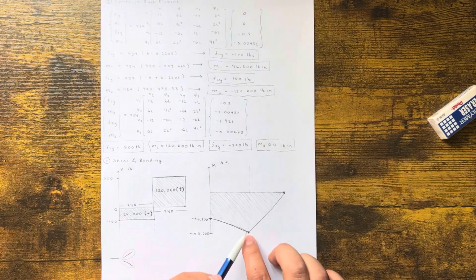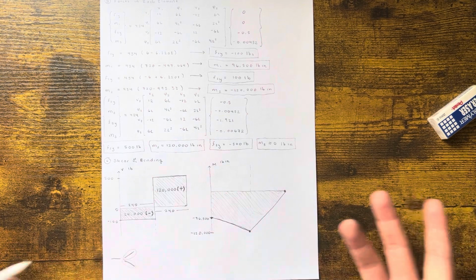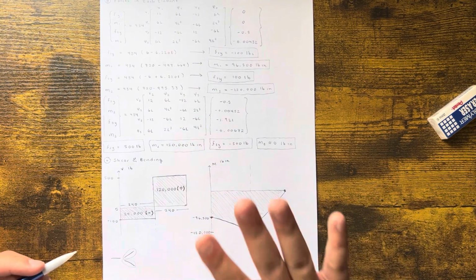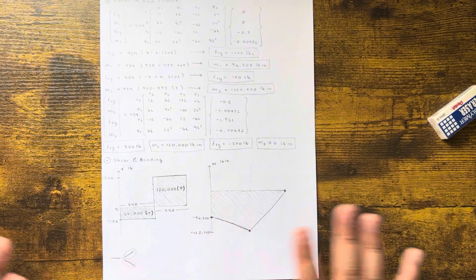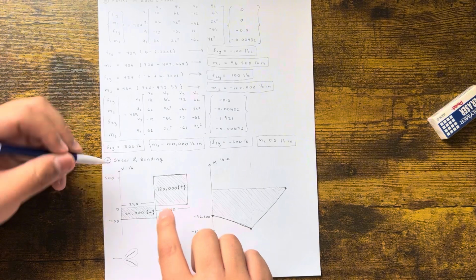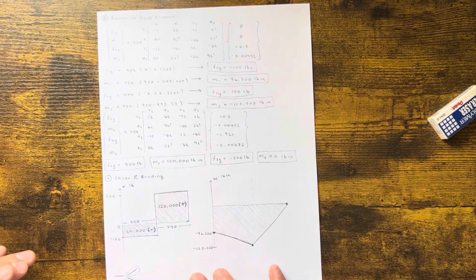It's telling you, hey, look, the max moment that you're ever going to have on this beam is right at the center, and it's 120,000 negative. Okay, in this case, negative or positive doesn't really matter. Sometimes, I'm not sure what your application is, but for the most part, it shouldn't really matter. In this case, 500 pounds of shear is your max. So when you're designing things, you're going to see it.